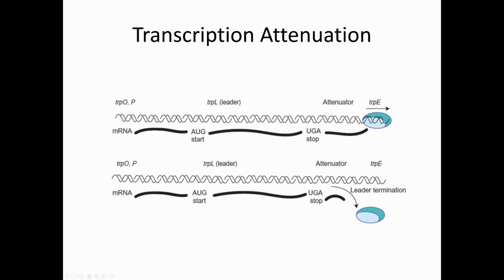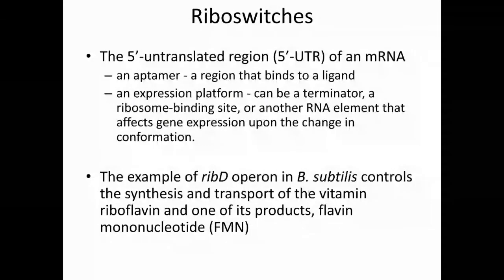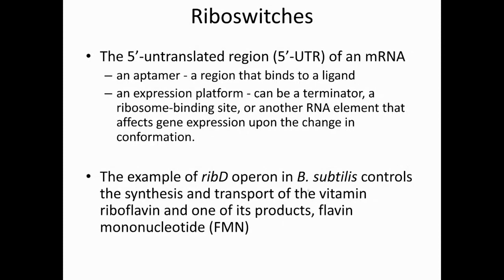If the tryptophan is plentiful, they form a secondary structure that stops the RNA polymerase from going through the attenuator to enter trpE. That leads to early termination. That's transcription attenuation. And riboswitch: that's about the 5' untranslated region of the messenger RNA.